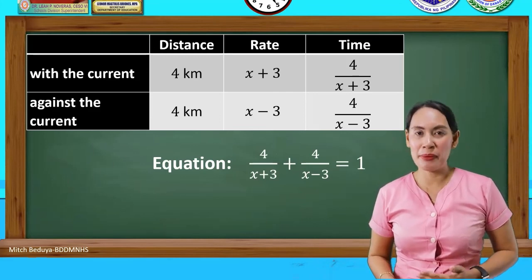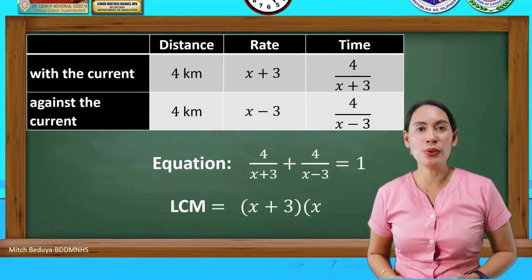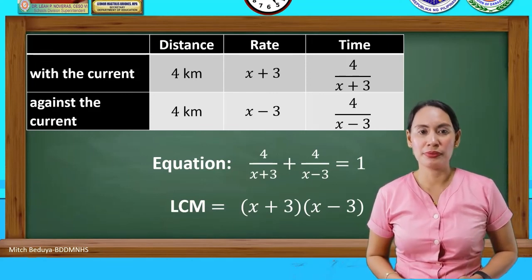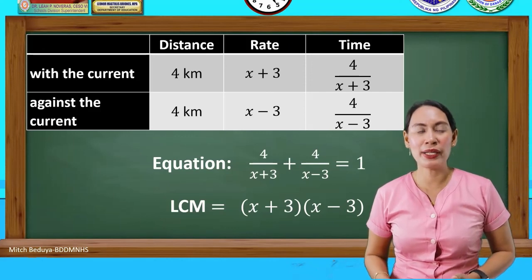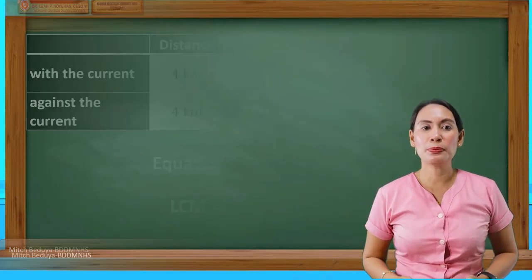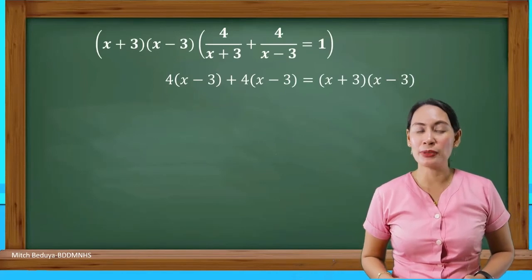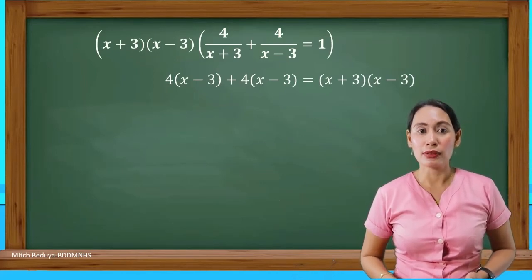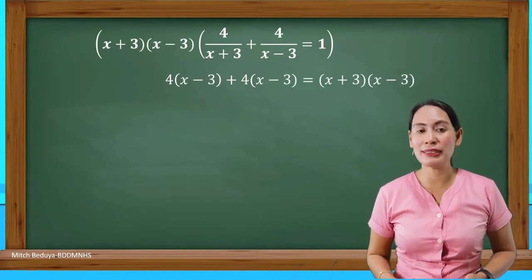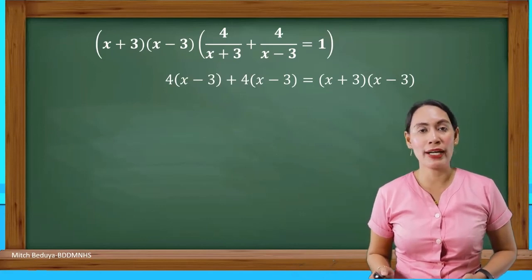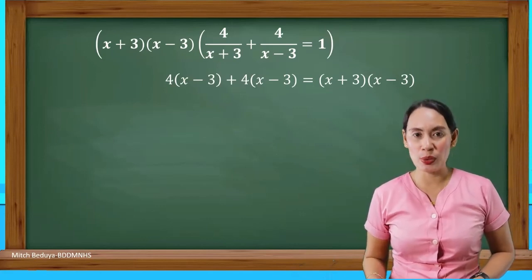So the LCM is equal to the quantity x plus 3 times the quantity x minus 3. So we have the equation: x plus 3 times x minus 3 times 4 over x plus 3 plus 4 over x minus 3 equals 1.